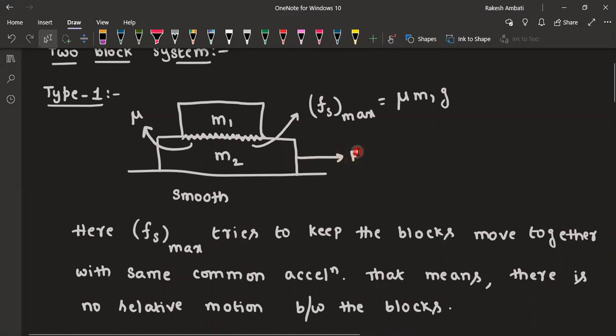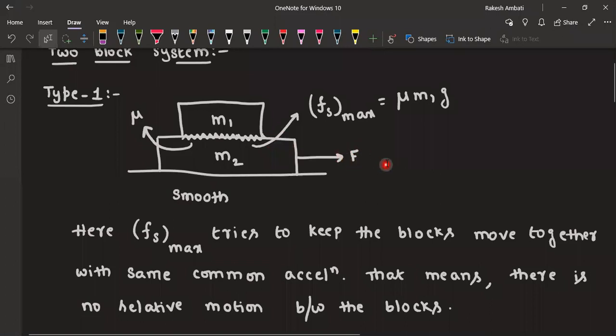For example, I'm getting up to 20 newtons. Up to 20 newtons, they are moving together with the same acceleration. If it is 21 newtons, then what will happen? They will move with different accelerations. So that means here F equals 20 newtons.